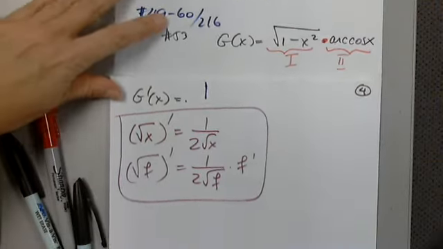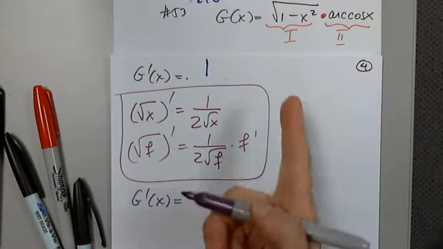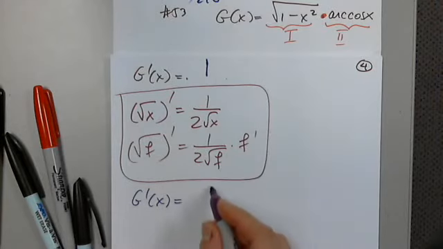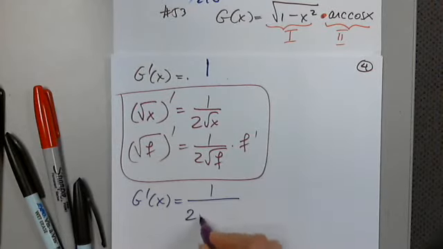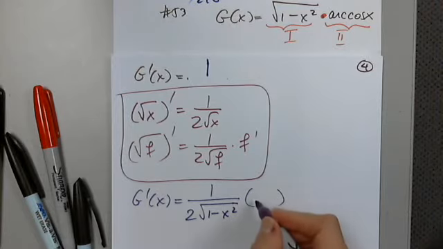So now we'll go back and try to find g prime. So then the first function, the square root prime, will be 1 over 2 the square root of, very good. And then in parentheses, I have to have f prime. The derivative of 1 is 0.